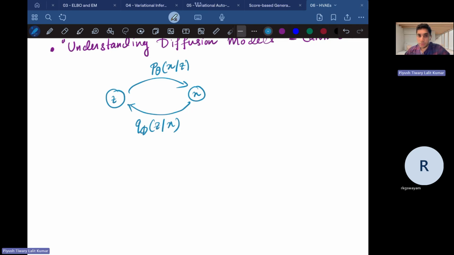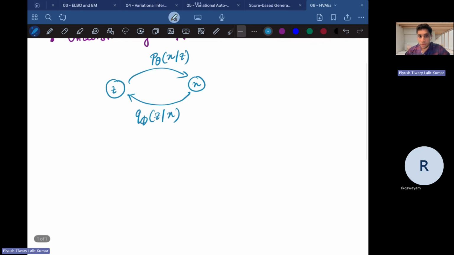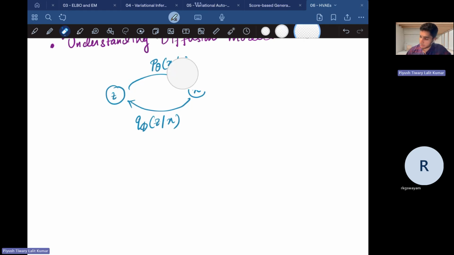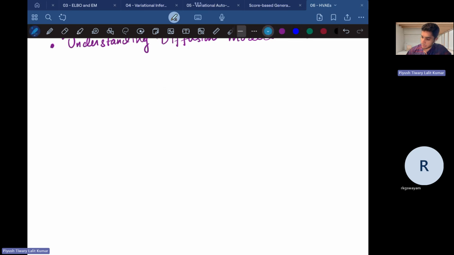What you can do is generalize this thing. Actually, I should have written it the other way so that it becomes easier. Let me write X here, Z here.